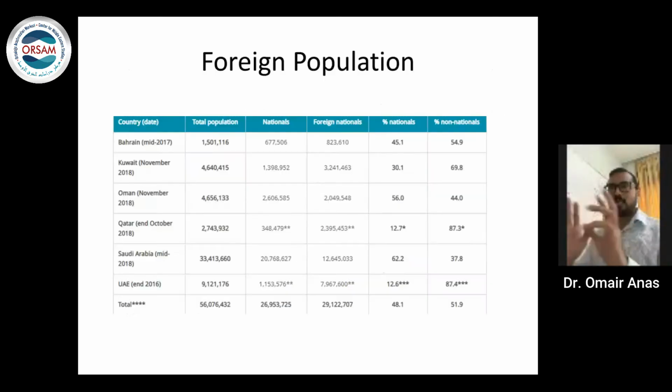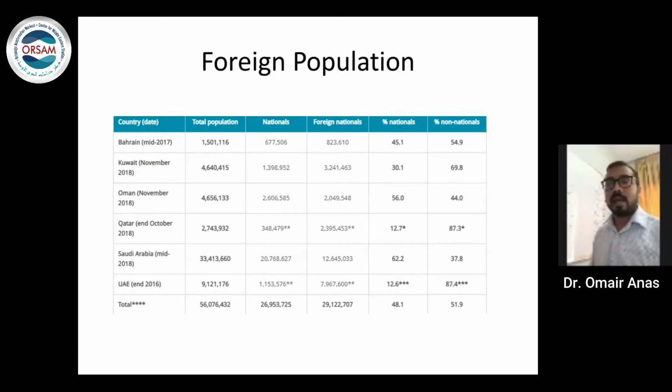If you see this map, you can see that in Bahrain, the local population is 45% and the outside population is 55%. In Kuwait, 70% of the population is from outside, which means that either they are Indians, Pakistanis, Egyptians, or from Bangladesh, for example. In Oman, the outside population is less, 44%.